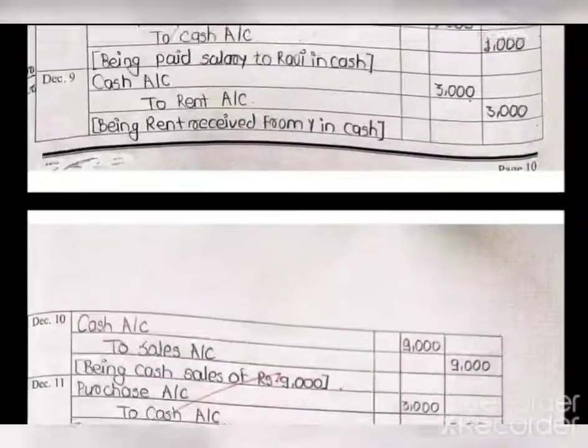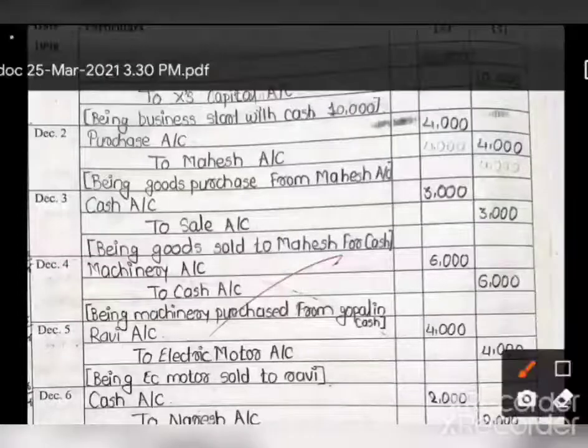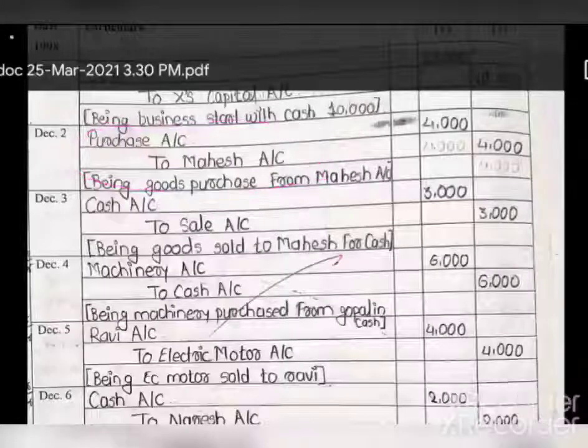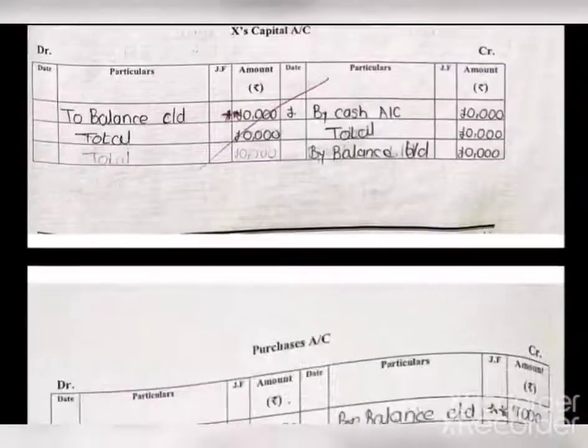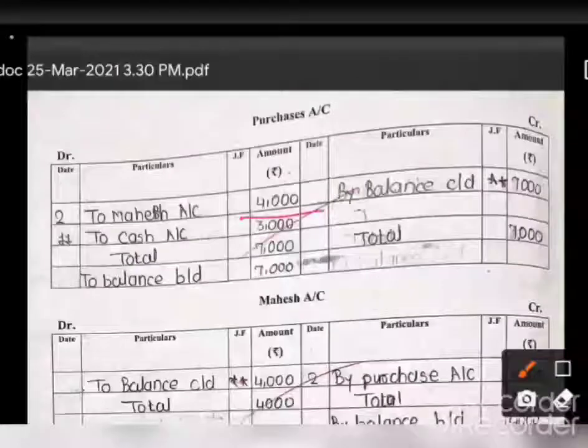On December 2nd you can see the transaction is purchases account debtor to Mahesh account. We have already seen how it is written in the purchases account: the amount is entered on the debit side in the name of Mahesh account.